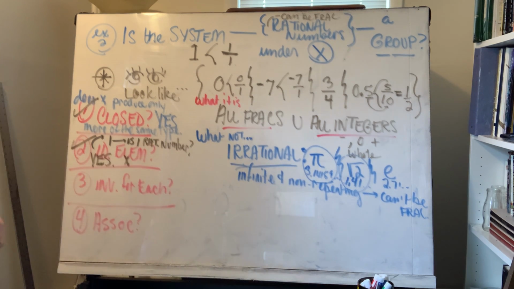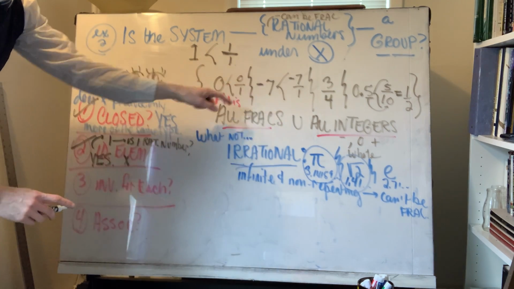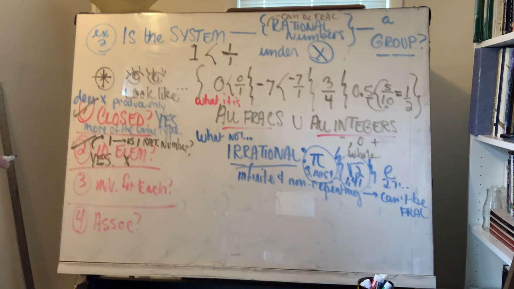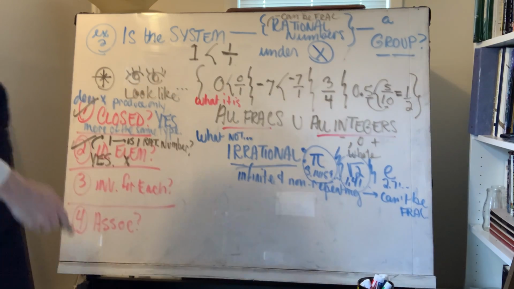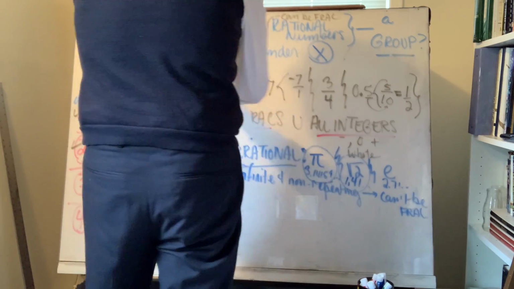Then we get to 3. Is there an inverse for each of these? That's a bit trickier, and here's the reason why. I alluded to it before.